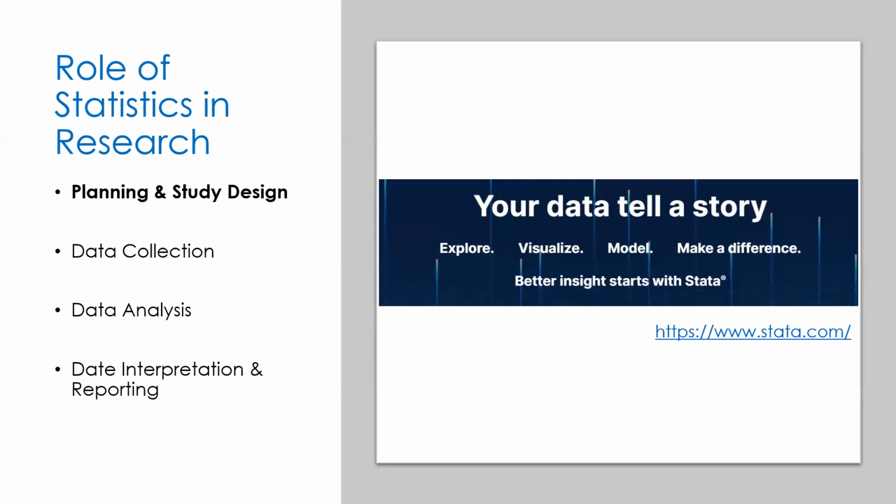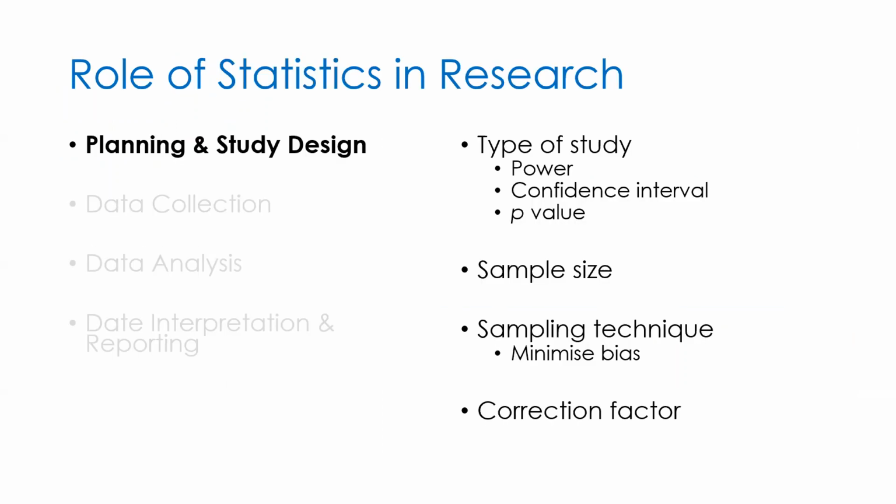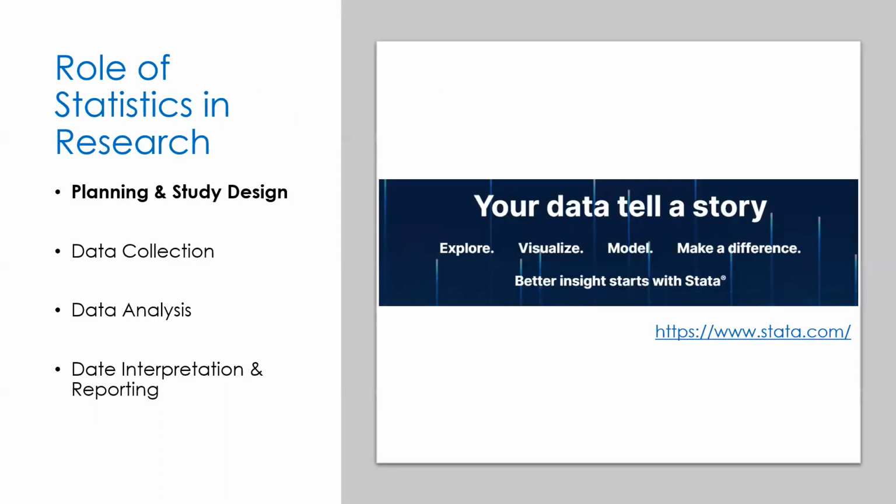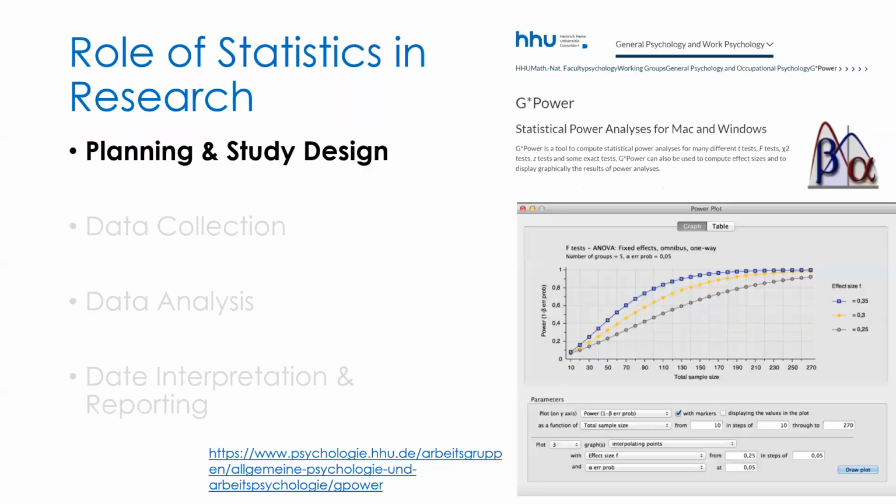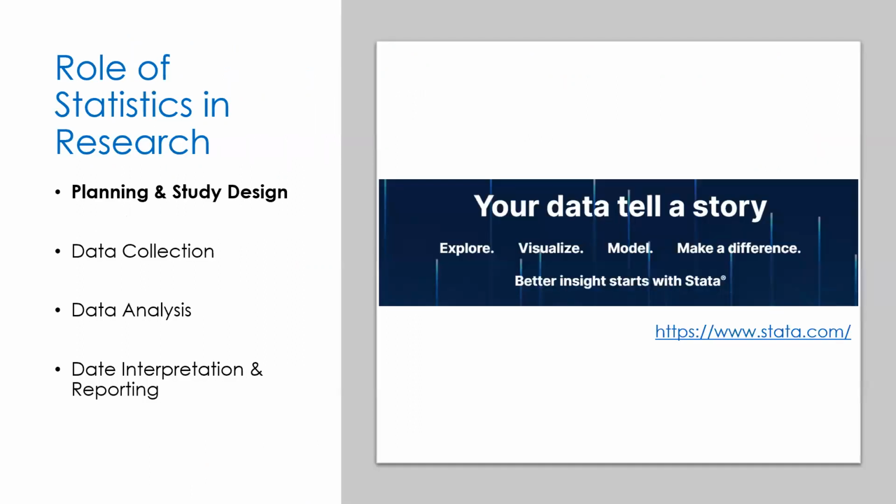But just going back to the power, calculating sample size, confidence interval, p-value, correction factor, and all that, a lot of all these have been simplified by available statistics software. So if you are familiar with Stata, Stata will actually help you.